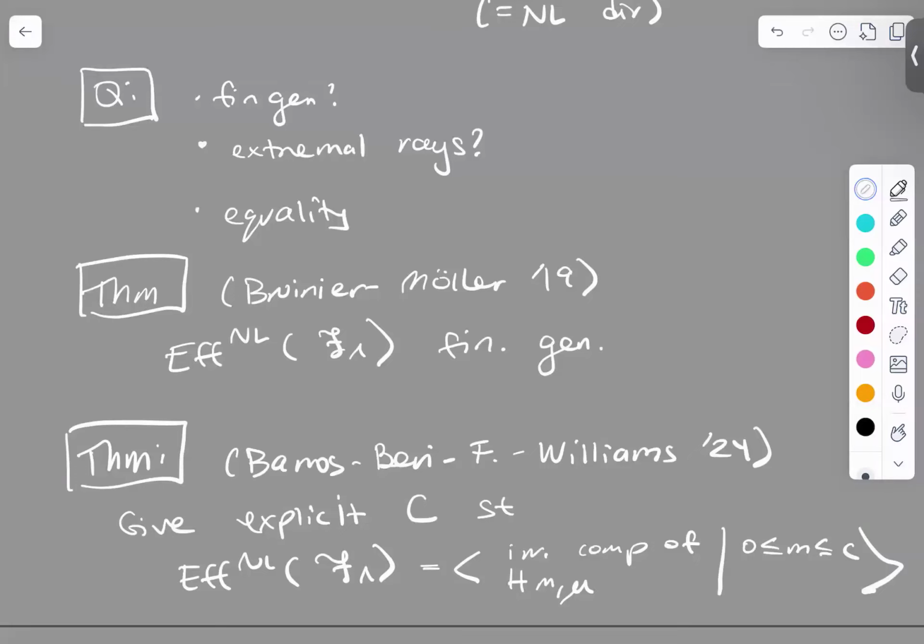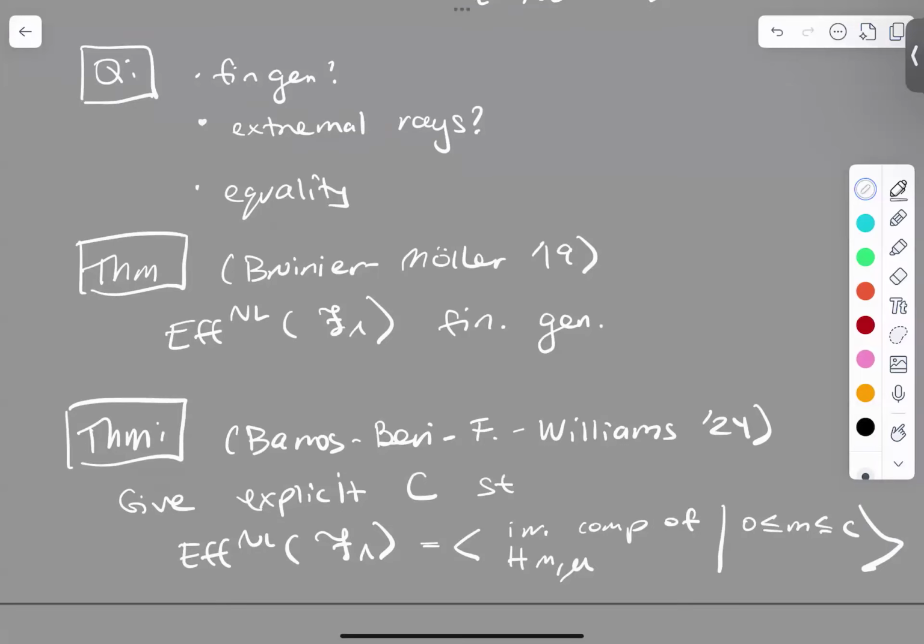So you hand me a lattice, and I can tell you a finite list of Heegner divisors that generate this cone.